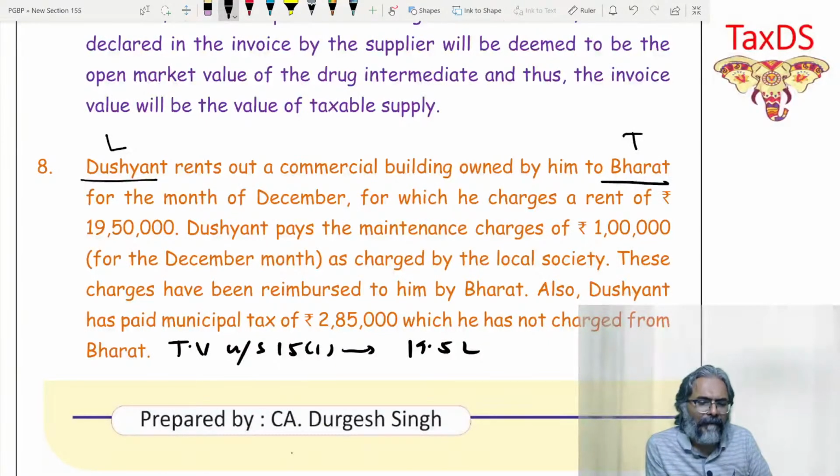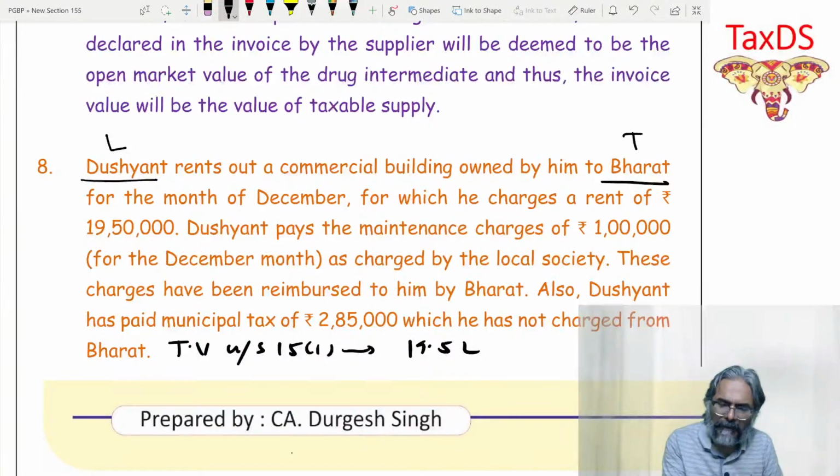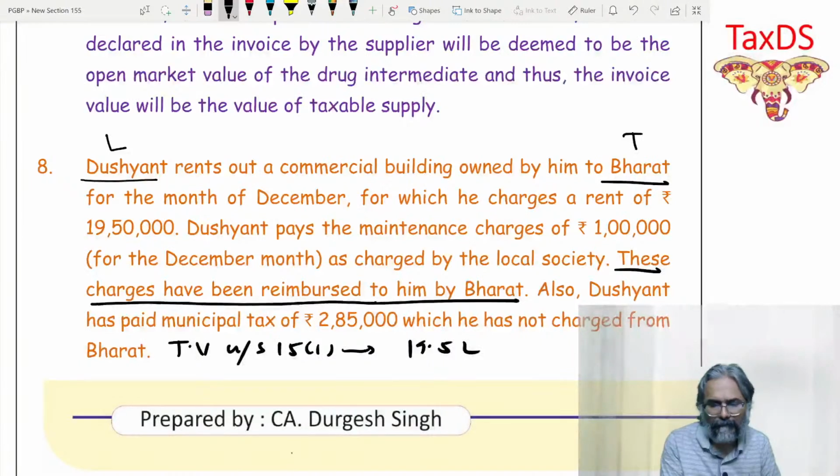These charges have been reimbursed to him by whom? By Bharat. These charges have been reimbursed to him by Bharat. Is that clear to all of you? In this context.